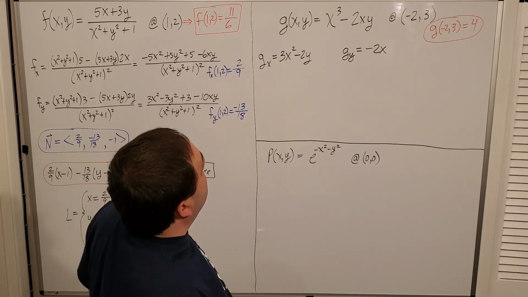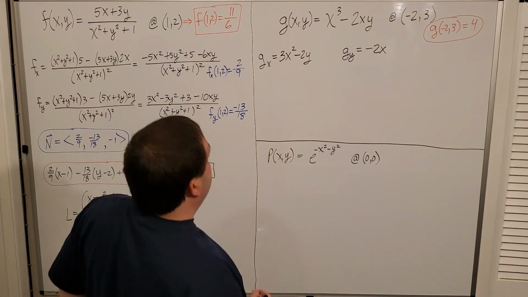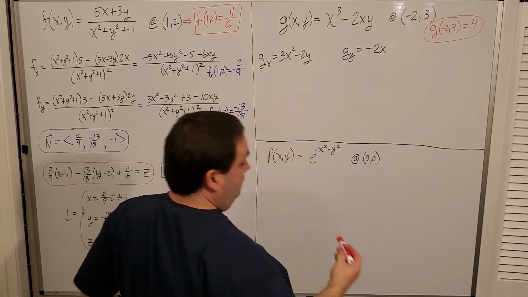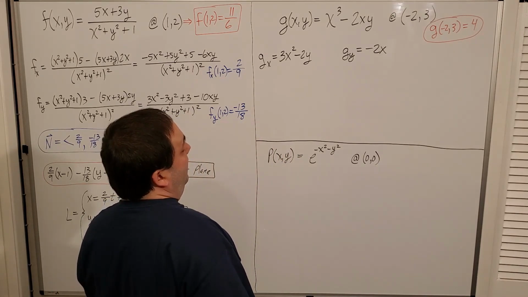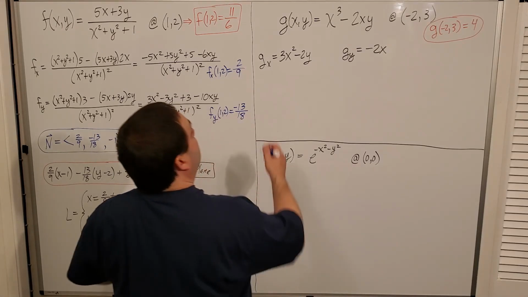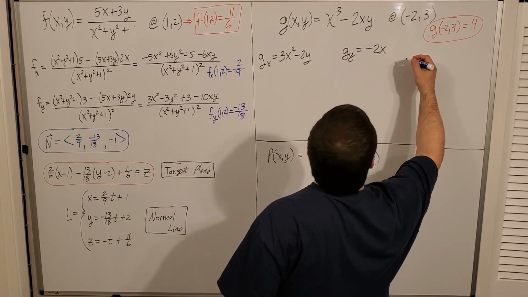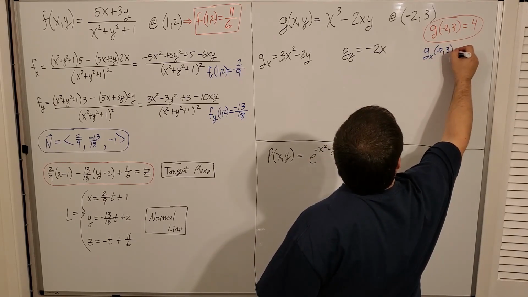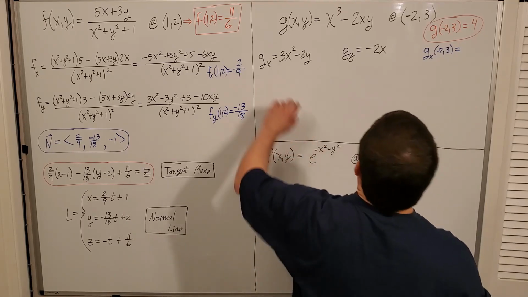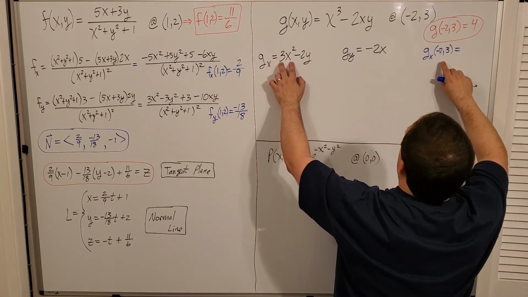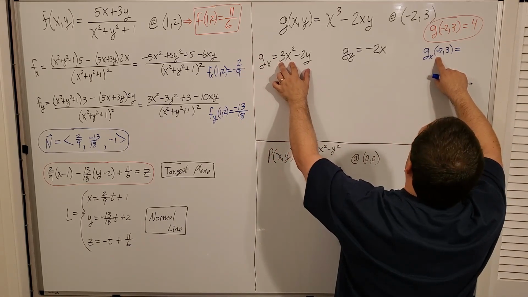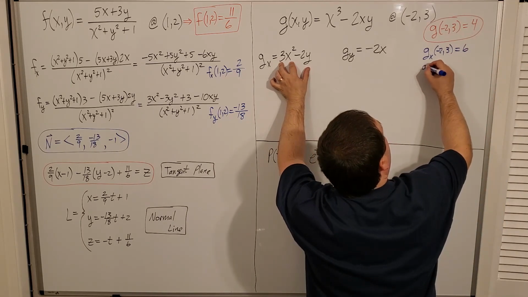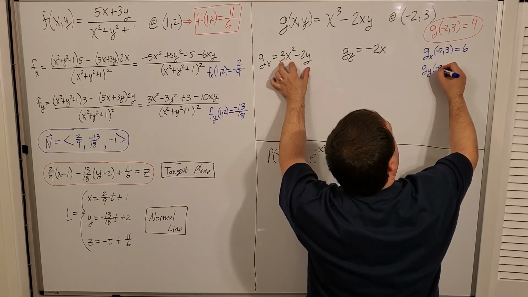Great. So then let's go ahead and do the vector values. g sub x of negative 2, 3 is going to be equal to 12, because that's 3 times 4, minus 6, so 6.